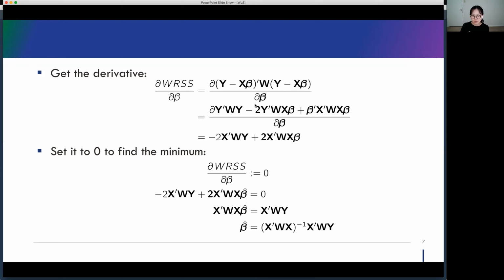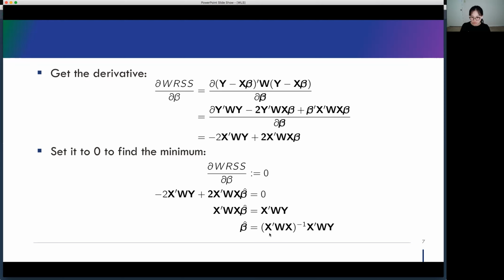Refer back to the very beginning, the prerequisite on matrix operations and algebra, so you can find how to calculate the derivative. And again, we set this to 0 in order to find our beta hat, the weighted least square estimate.